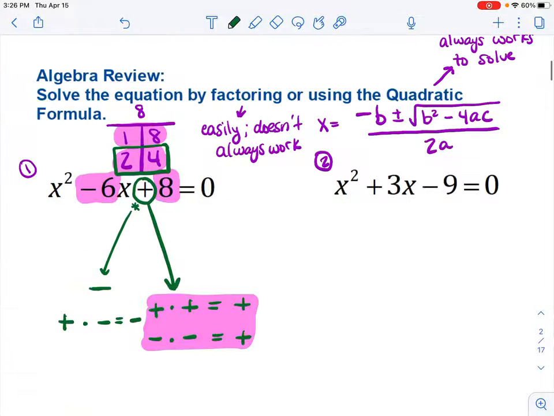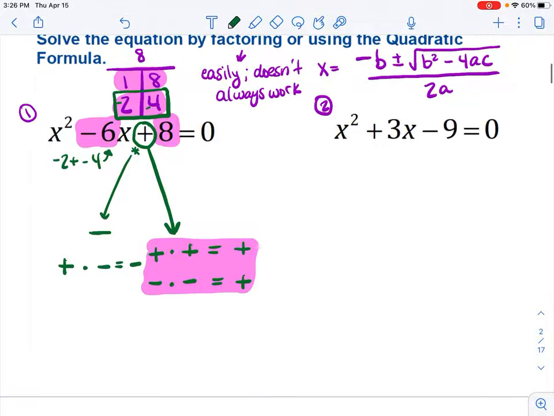So we need both of these to be negative. So that way negative 2 plus negative 4 can equal negative 6. All right, so our factoring here is x minus 2 times x minus 4.